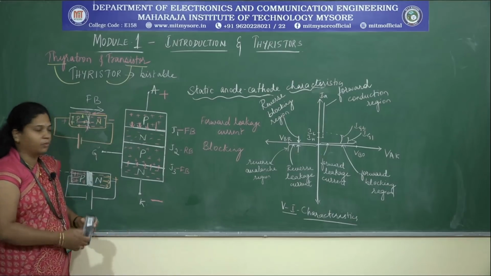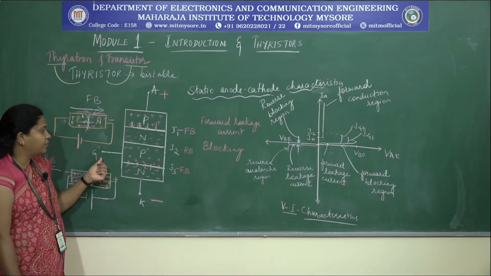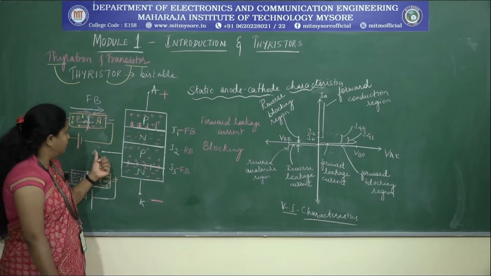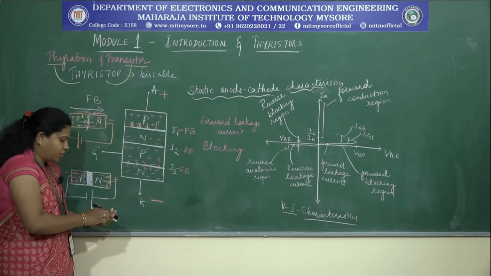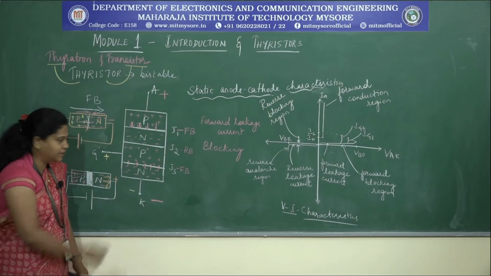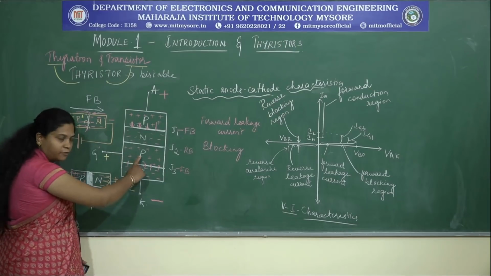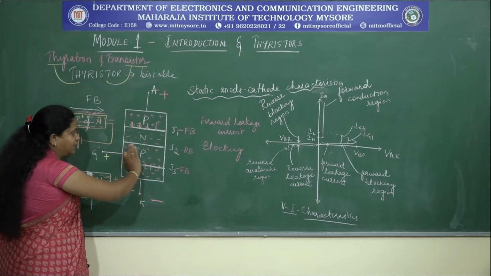Now the gate comes into the picture. We have the gate terminal, and between gate and cathode you apply gate positive, cathode negative. Positive and positive, so repulsion takes place.